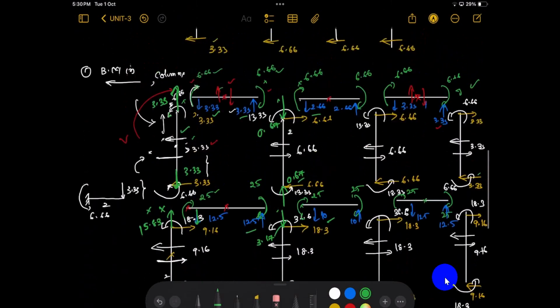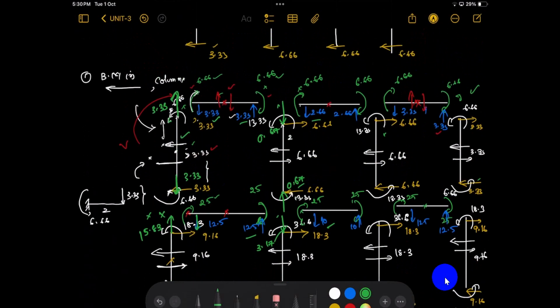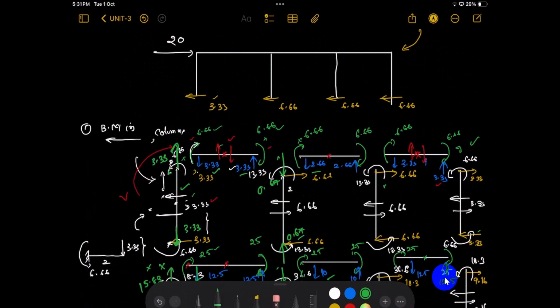Okay. So now comes to this joint. So 2.66, 3.33. Again the same thing. So how is it? It must be 2.66 and 3.33. How can it balance?